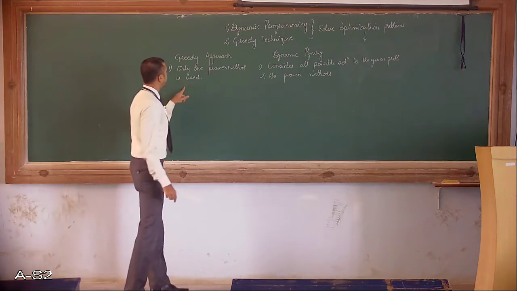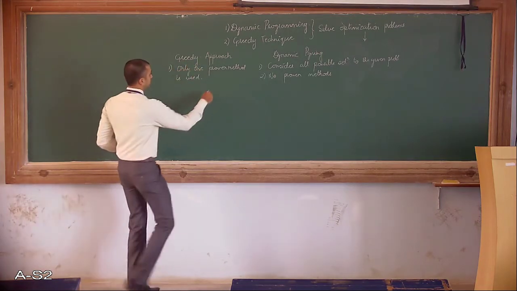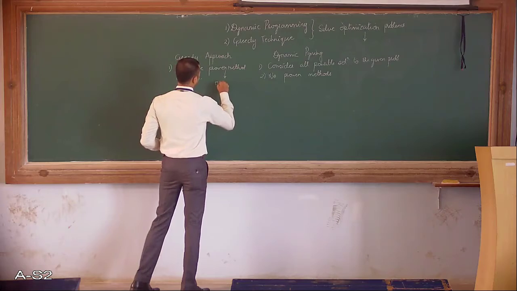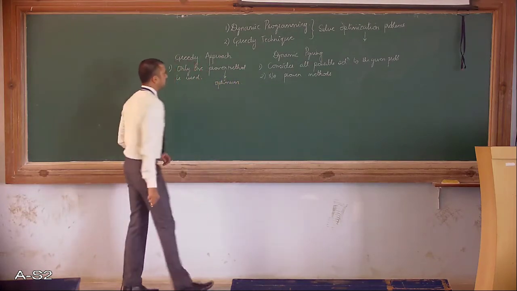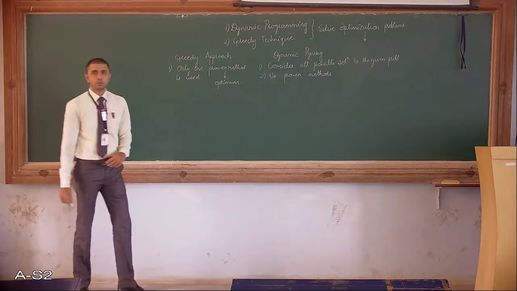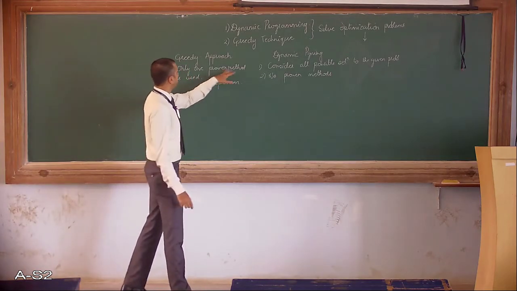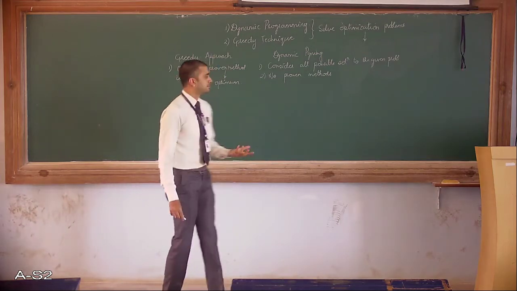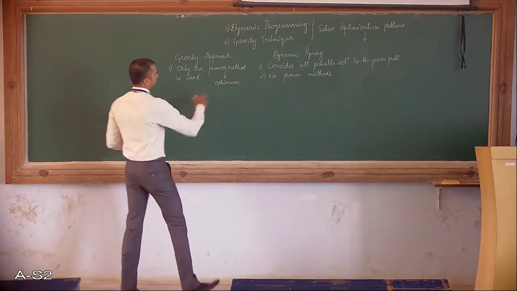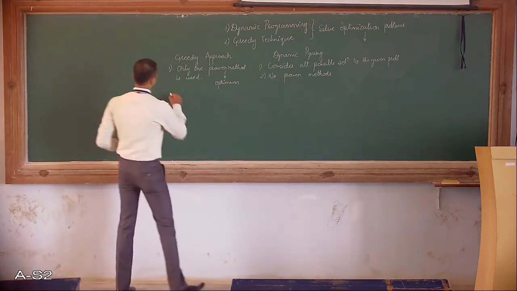Now, the method that we use to derive the optimal solution is also said to be an optimum method, and using that optimal proven method, we derive a certain optimal solution. So these are the differences between dynamic programming and greedy approach.